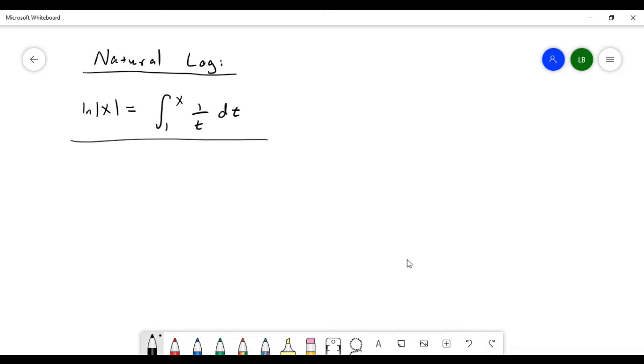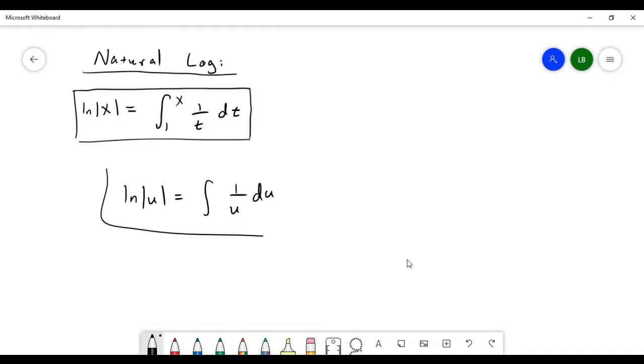This is the actual mathematical definition of natural log, although it isn't a huge thing you need to know. The really important thing to know is that natural log of u is equal to the integral of 1 over u. These look really similar because they are, but this is the general form for the natural log.